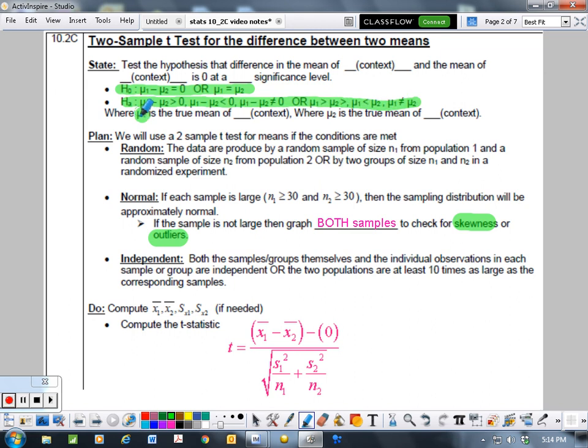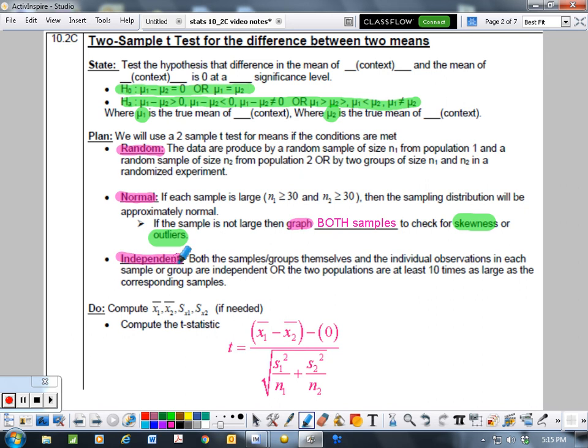And then stating what is mean 1 and what is mean 2. And then we're going into the 2-sample t-test conditions. So we've got our random condition, our normal condition. And again, if our sample sizes are not greater than or equal to 30, it is our responsibility to graph both the samples. And then, of course, we have our independence condition.